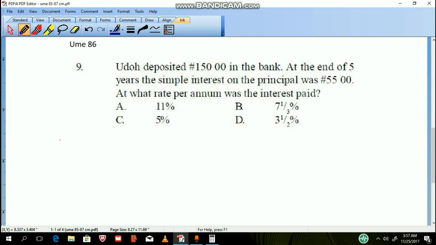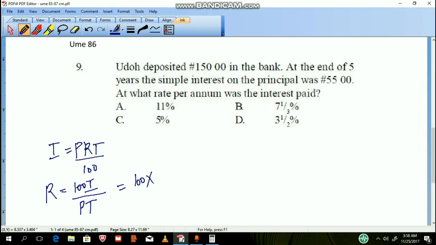Okay, so here we know that interest is PRT over 100. If I were to make R the subject of the formula, R will be equal to 100I over PT. So if we substitute in here, we have 100 times the interest.